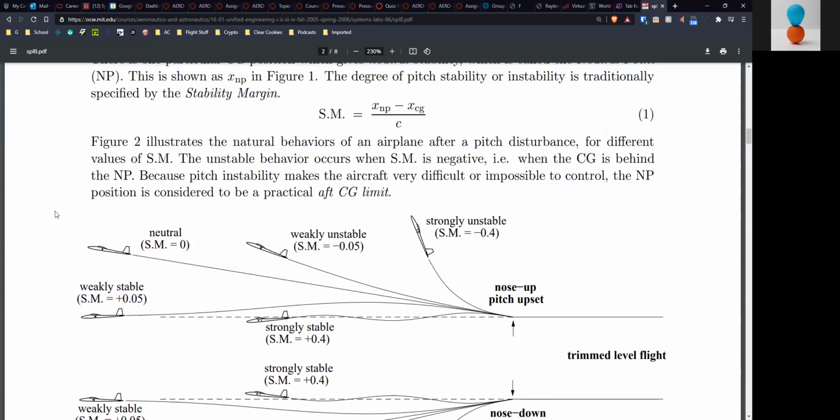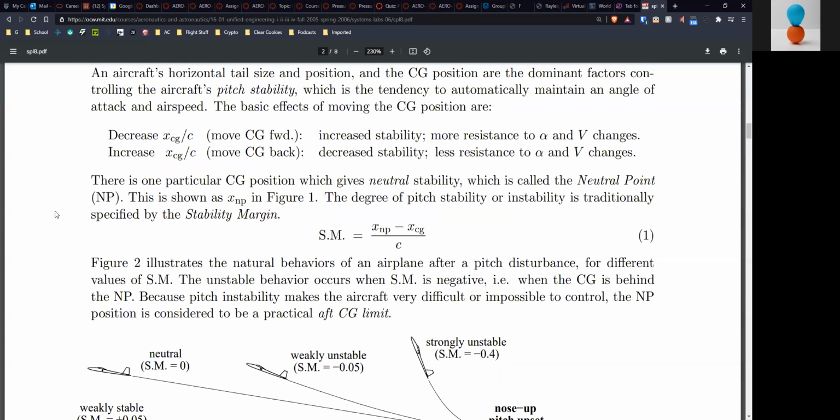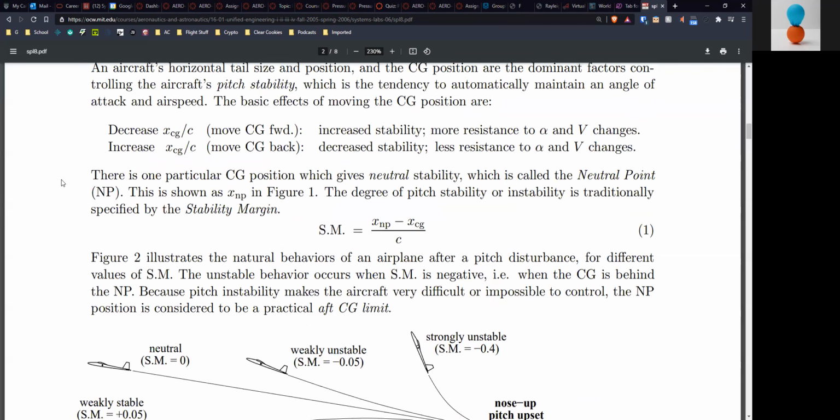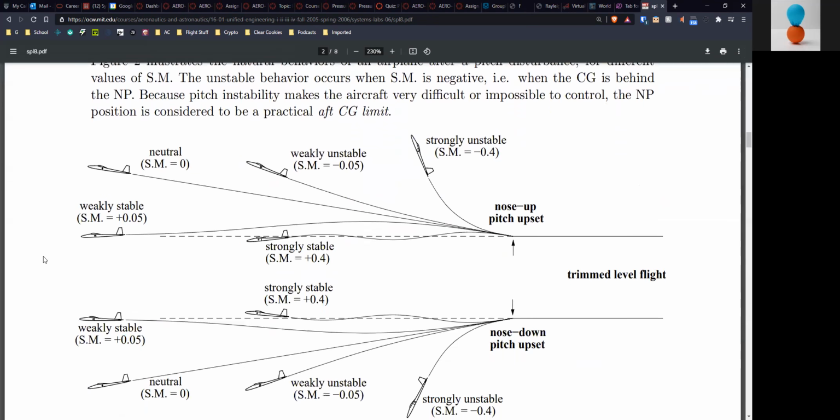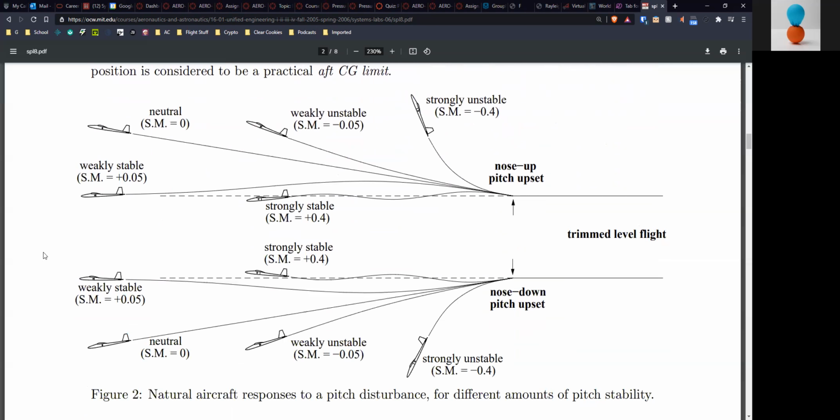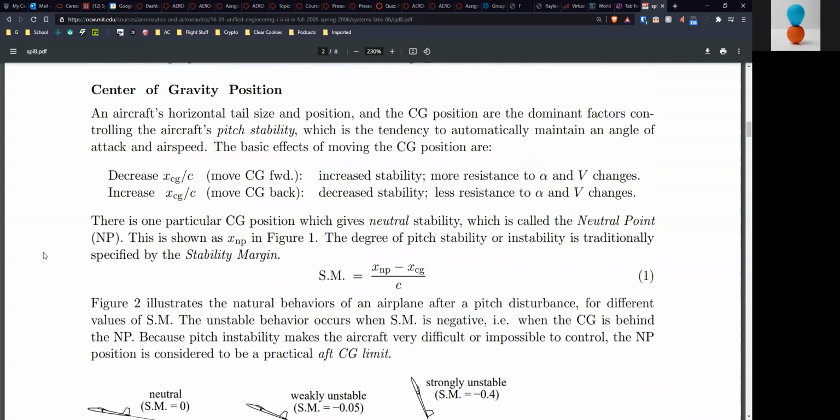So that's the CG and its position. Then the other relevant point is called the neutral point, and I think it defines that on here.